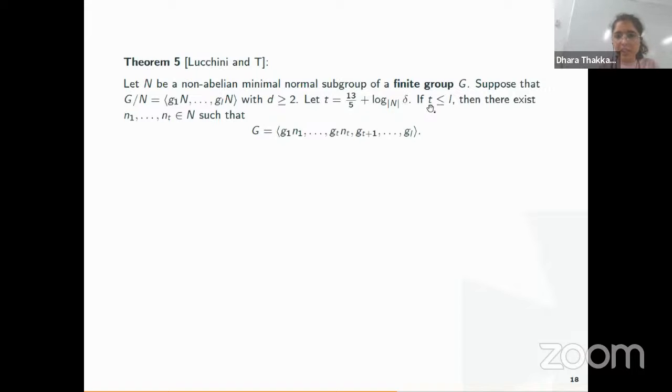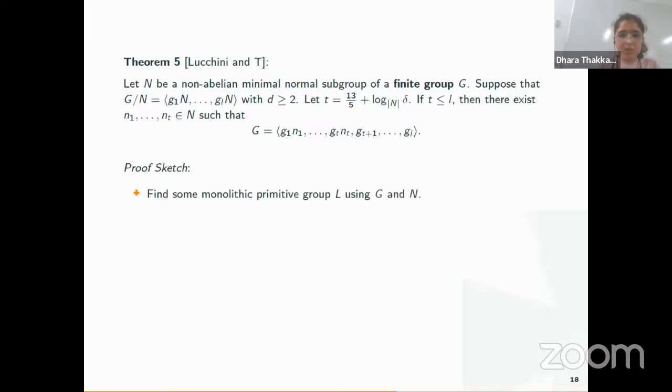Now, if we know that T is at most L, then we can find some n1 to nt in N such that G is generated by this special generating set. So we can use this theorem in the algorithm, but the problem is that we can only use this theorem when T is less than or equal to L.